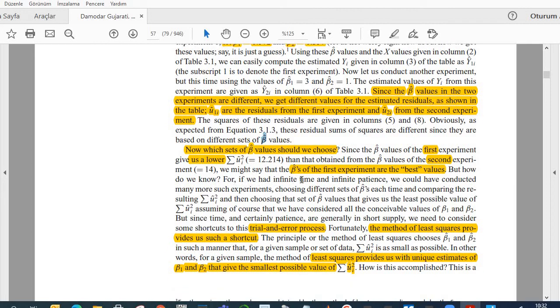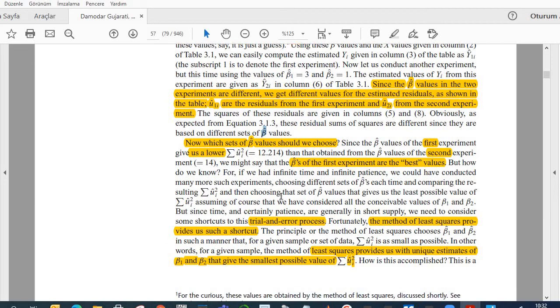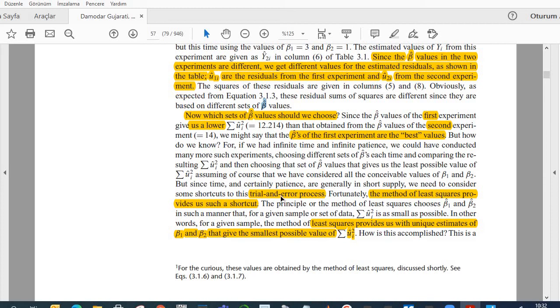For if we had infinite time and infinite patience, we could have conducted many more such experiments, choosing different sets of betas each time and comparing the resulting sums of squares, and then choosing that set of beta values that gives us the least possible sum of squared residuals, assuming of course that we have considered all the conceivable values of beta 1 and beta 2.